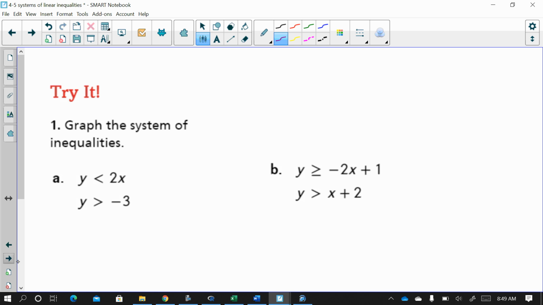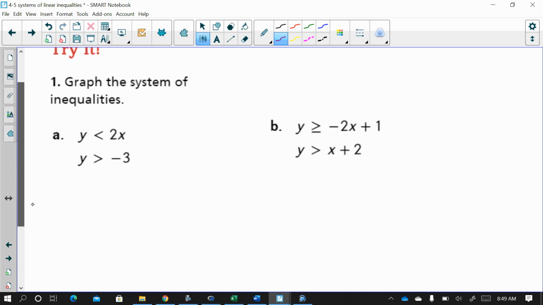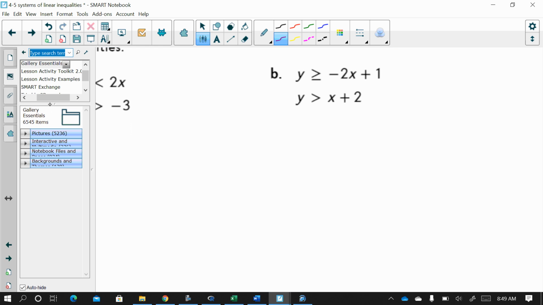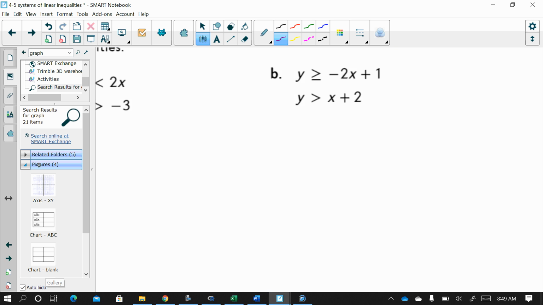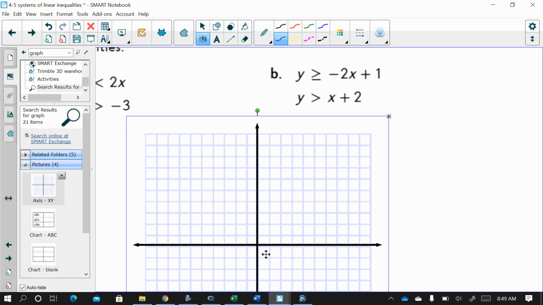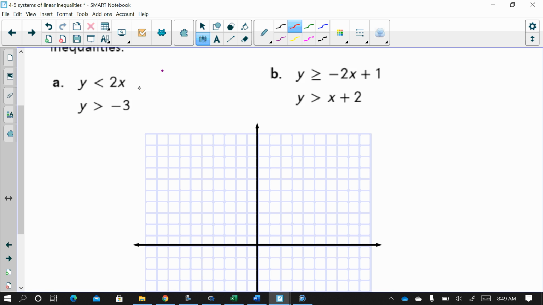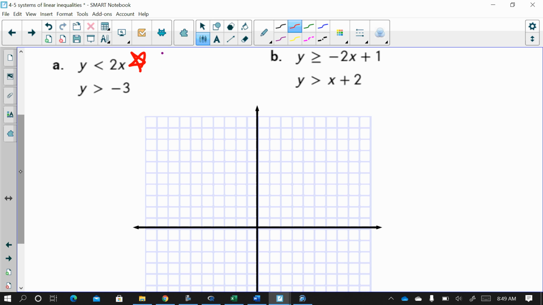Your turn. Pause the video and try letter A, please. Letter A, I'm going to start with this one. y is less than 2x. I don't have a y-intercept, so that's 0.